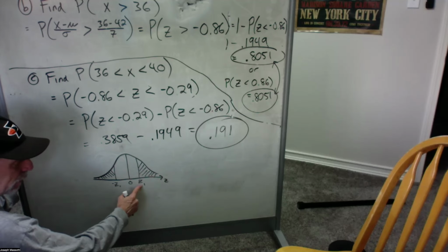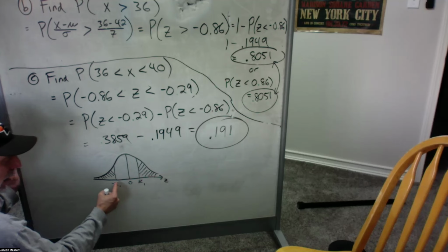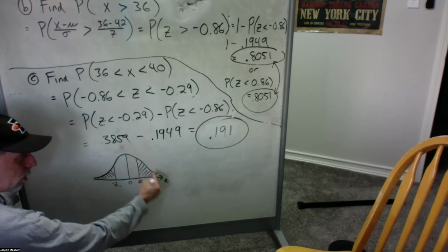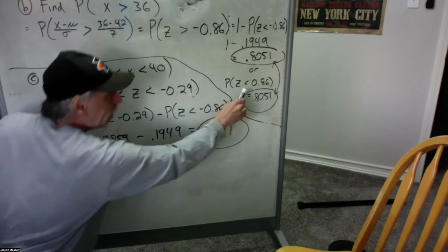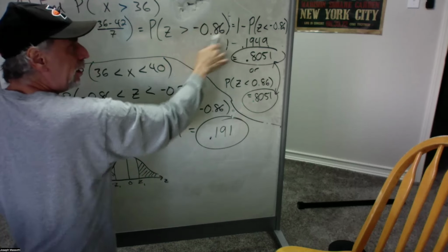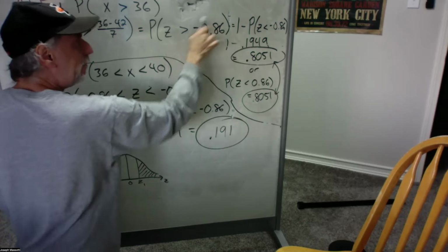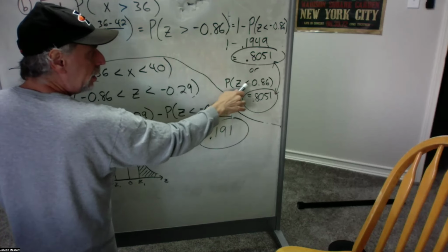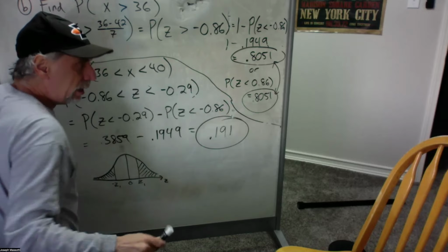Just think of any number, 2. The probability greater than 2 is going to be the same as the probability less than negative 2, because 0 is in the middle and the curve is symmetric. So that's this idea. Probability greater than a number, even if it's negative, you then just switch it to be less than the negative of that number.